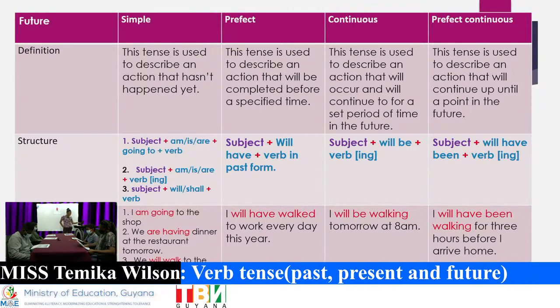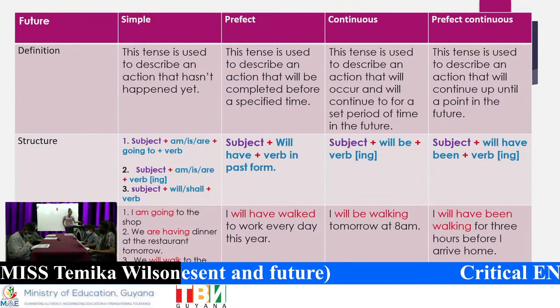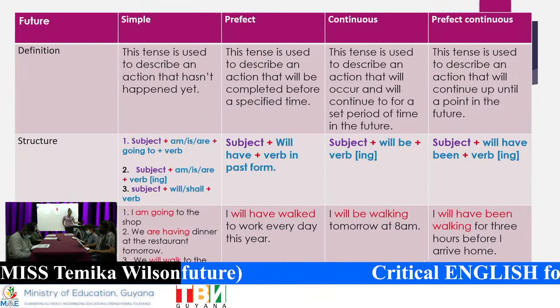Example: I will have walked to work every day this year. We look at the structure: subject plus will have plus the verb in the past tense. I will have walked to work every day this year. All right, a specific time.